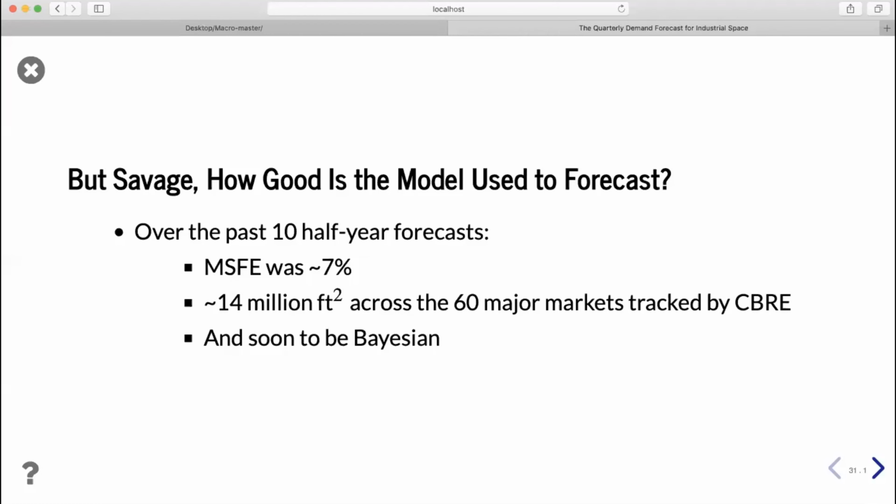To give you some sense of the space that 7% amounts to, it's only about 14 million square feet across the entire US, across all of the major markets tracked by CBRE. So this is, I think, a fairly reliable forecast, and in time it will essentially become a Bayesian forecast, so you can do your own confidence intervals.